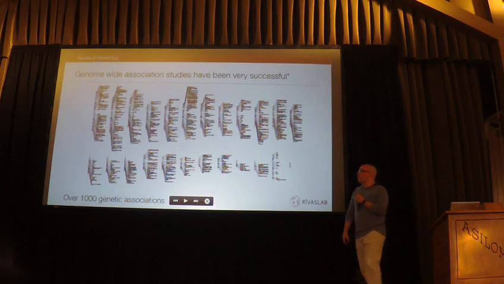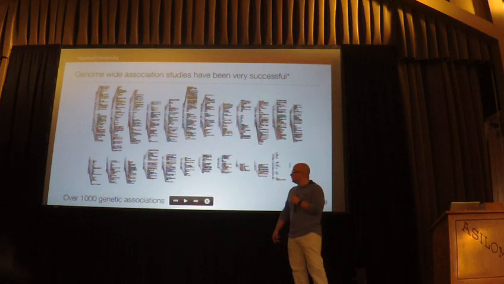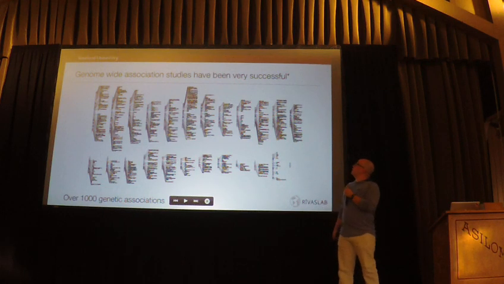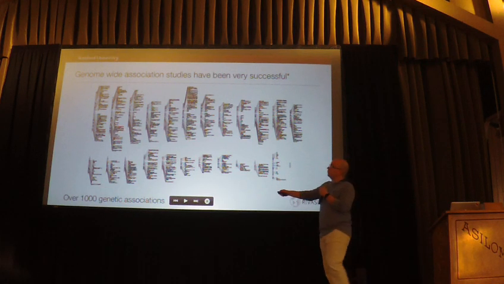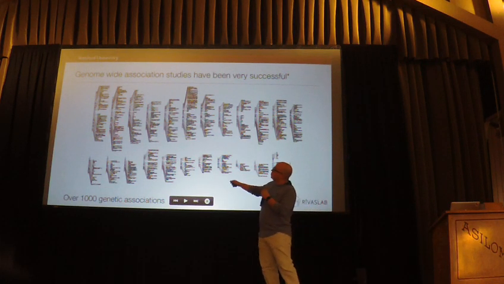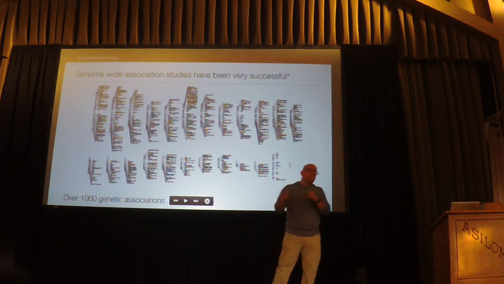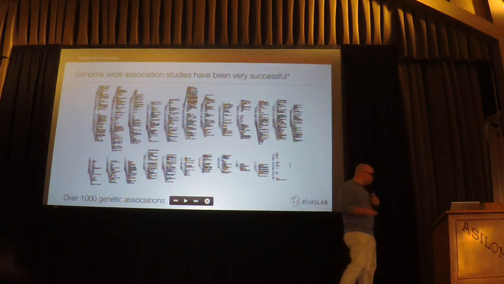Now, for the past two decades, this GWAS exercise has been quite fruitful in the sense that it's led to the identification of a lot of mutations or genetic variants across the genome that are associated with some trait that has been studied.